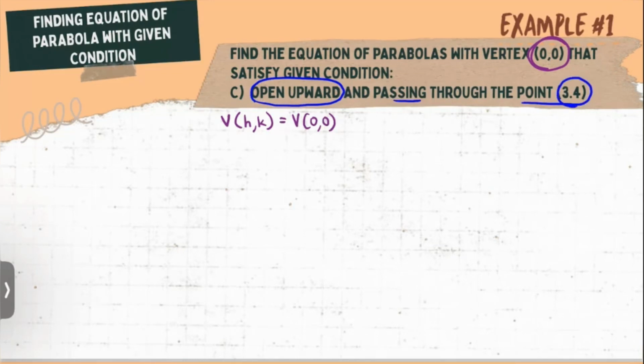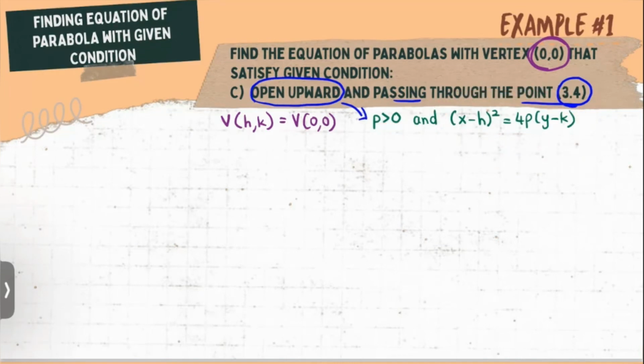Okay, kalau open upwards, maksudnya apa? Open upwards means our p is greater than 0 and our formula will be x minus h squared equals to 4p y minus k. Okay, so daripada information itu kita dah tahu p kita positif dan kita akan gunakan this equation.